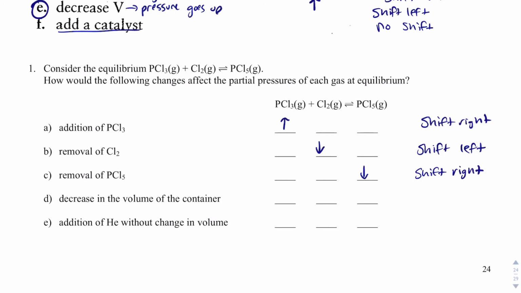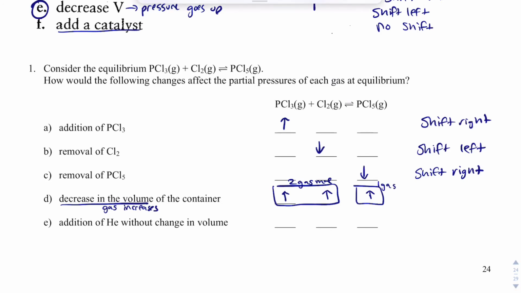Here's where we go. The hard one, decrease the volume of the container. We decrease the volume, the gas pressure increases. So this one goes up, and this one goes up. This side has 2 gas moles. This side has 1 gas mole.